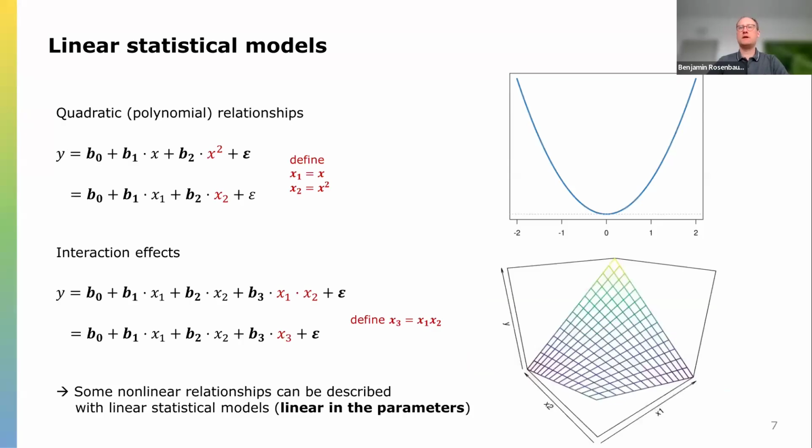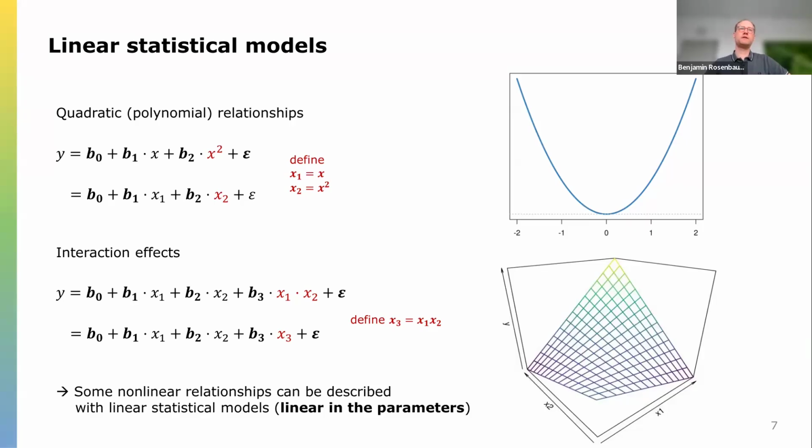Sometimes a nonlinear function can be a linear model. Most famously, polynomial relationships, so quadratic regression, or interaction effects. So these are still linear models. Let's look at the first example here. This is clearly a nonlinear function of the predictor x.